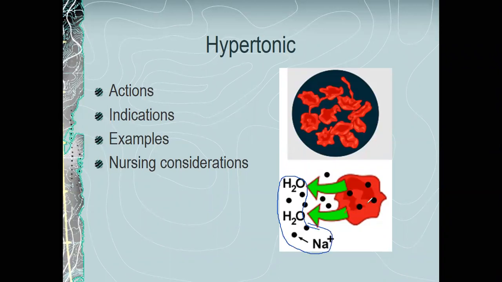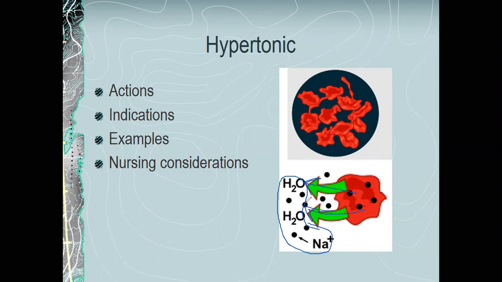So it has higher tonicity, hypertonic, higher osmolarity or osmolality outside of the cell. So water is going to be leaving the cells and going into the vasculature. So you're going to see these red blood cells shrinking.